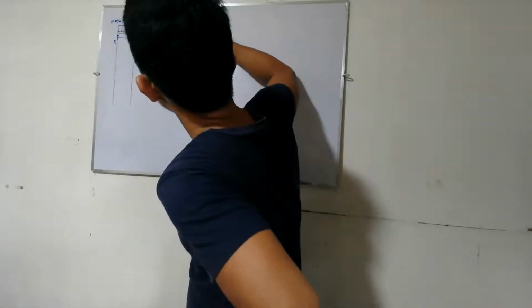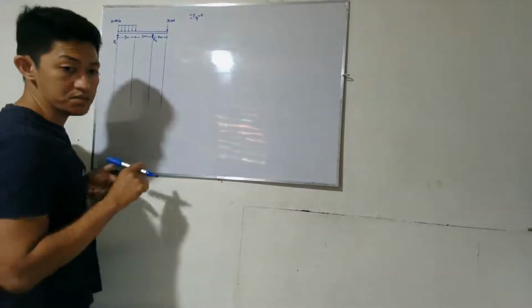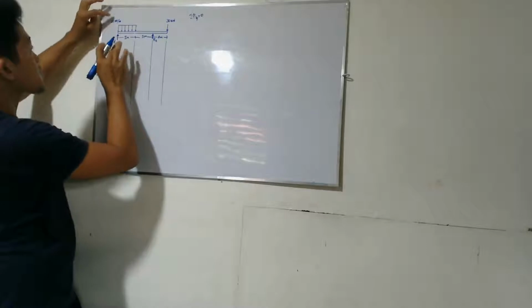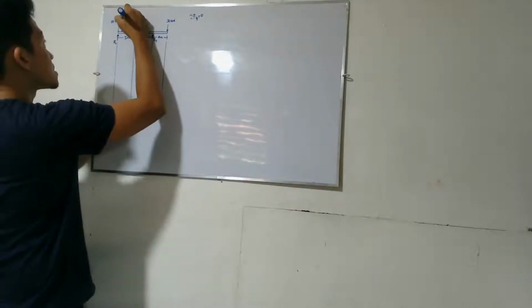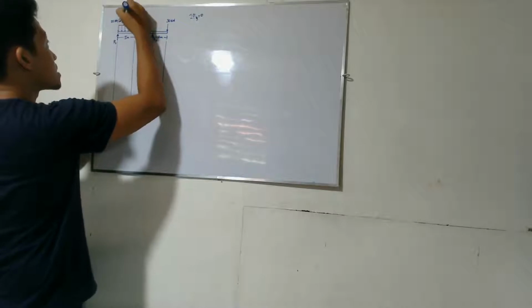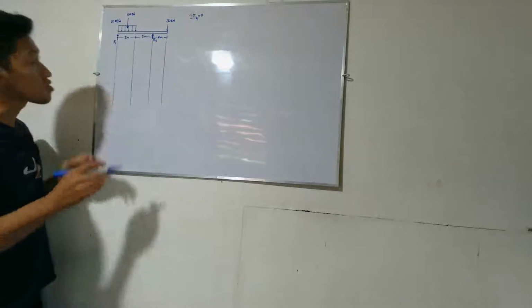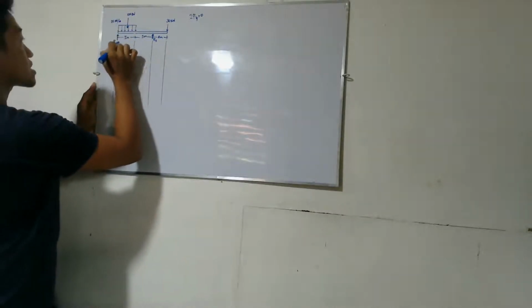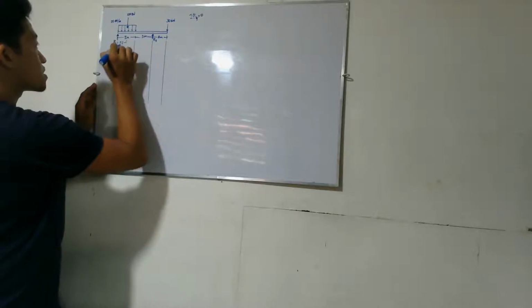By the way, this distributed load is 20 kilonewton per meter, so its total is 100 kilonewton. It is a rectangle, so it is situated at 2.5 meters.